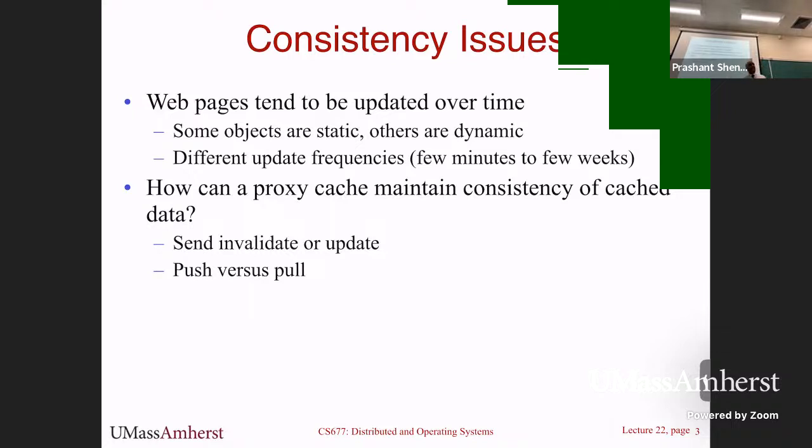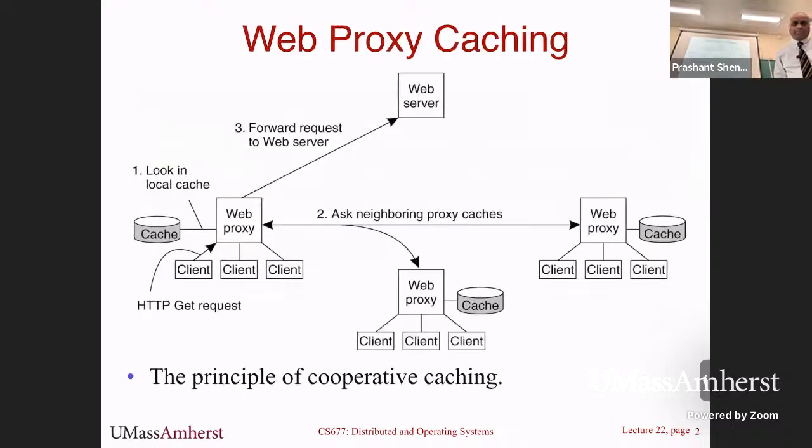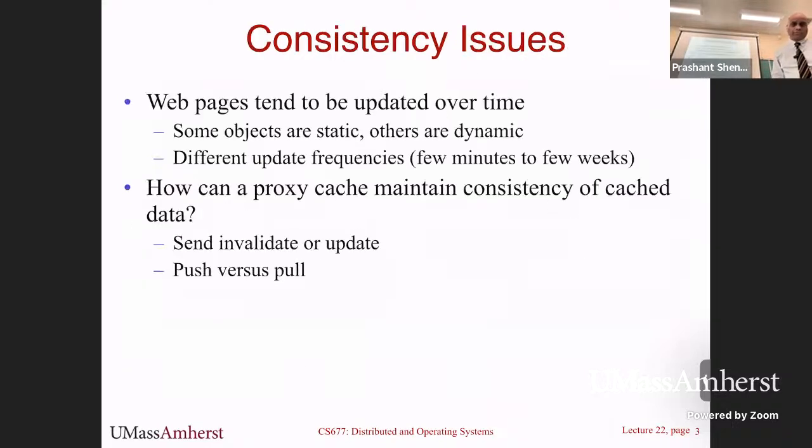As I had mentioned last time, or maybe 2 lectures ago, whenever you replicate content or whenever you cache content, if any of the clients in the system are going to update the content, then you are going to have to deal with this issue of making the content consistent. In the case of web pages, those cached at proxies are going to change over time.